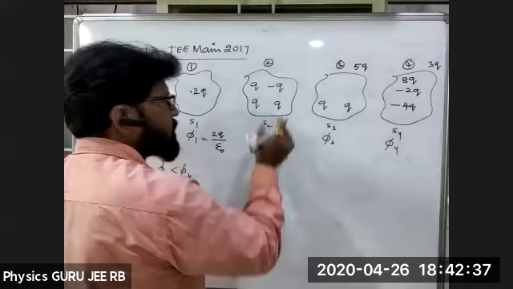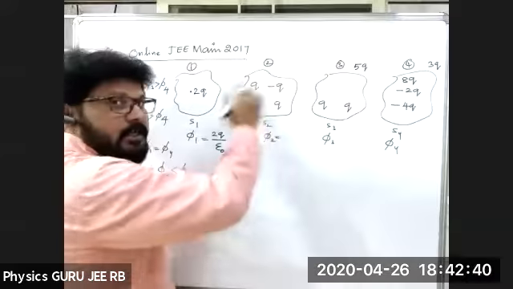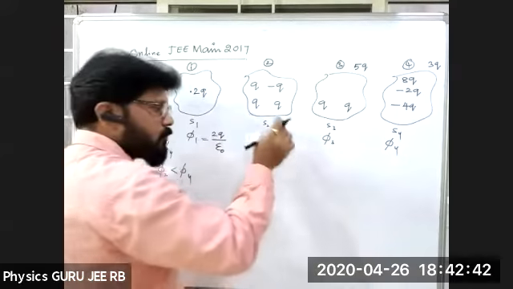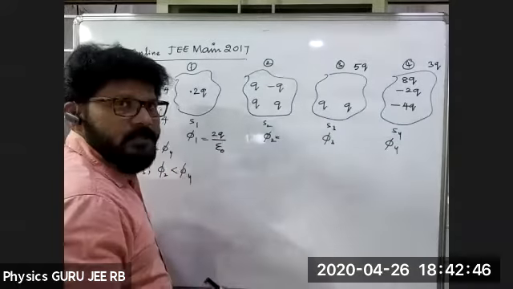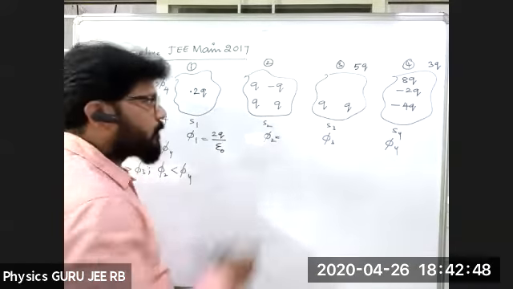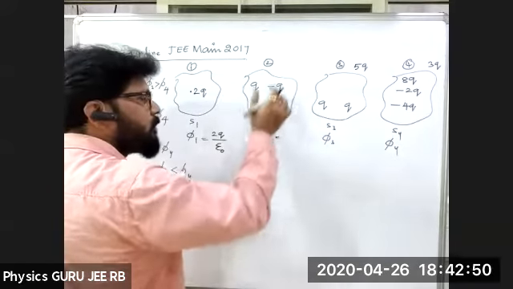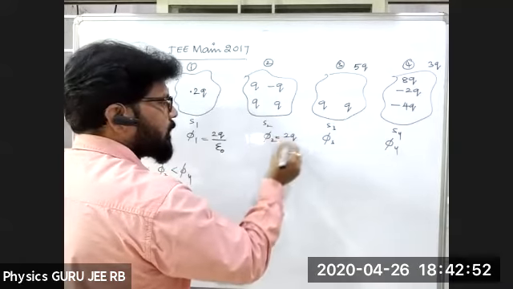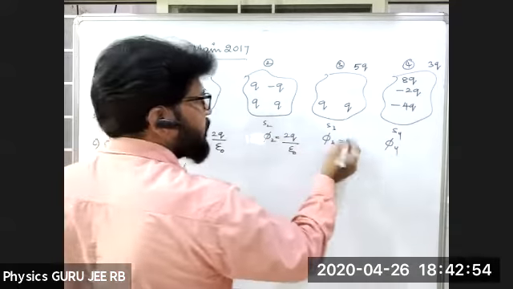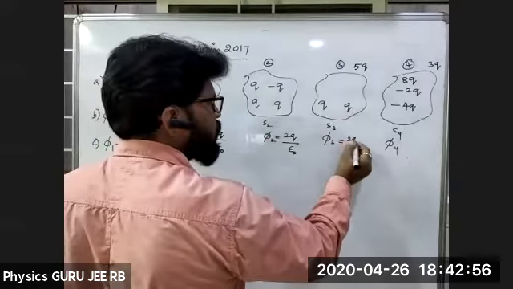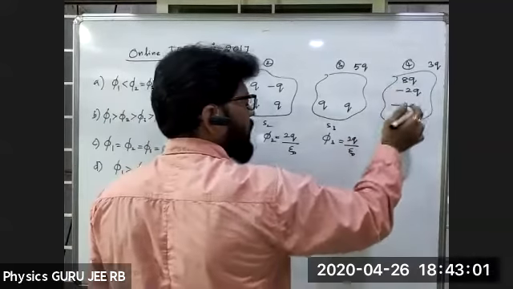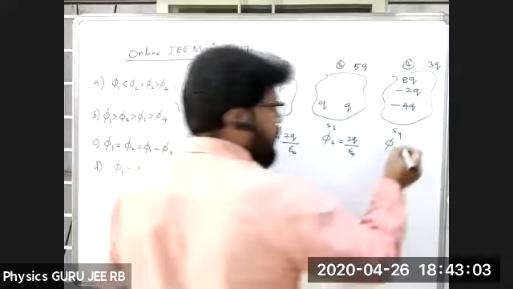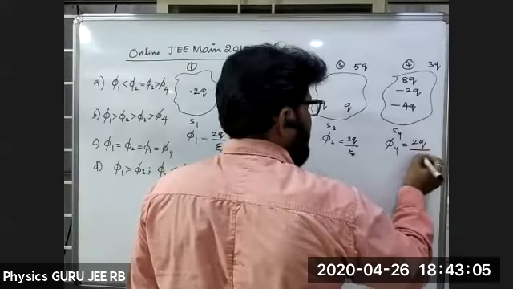So net flux is equal to the charge inside the closed surface divided by epsilon naught. For the second, Q plus Q minus Q, again it is 2Q by epsilon naught. For the third, Q plus Q is 2Q by epsilon naught. Phi 4 is 8Q minus 6Q, which is 2Q divided by epsilon naught.